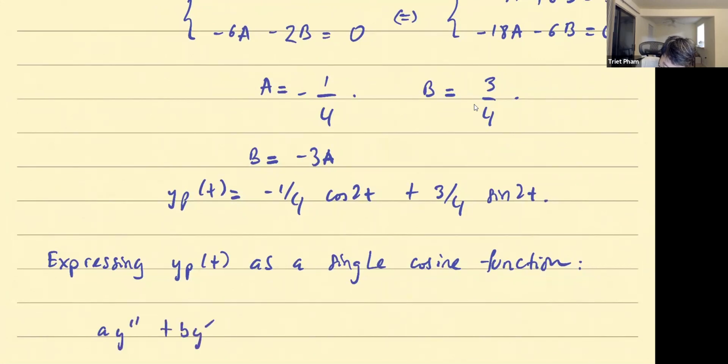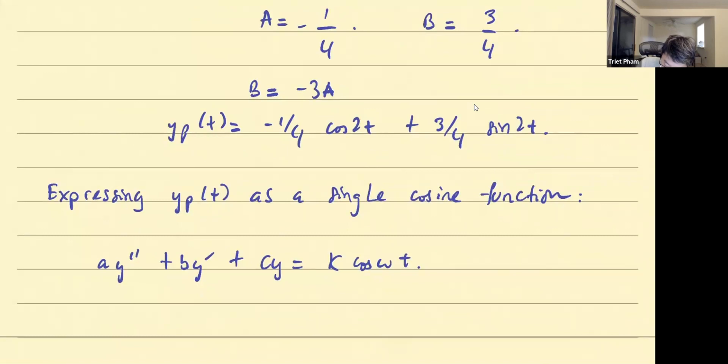So when you look at, let's say, a generic system, let's say a constant K cosine omega t. Then you know that the yp will be K1 cosine omega t plus K2 sine omega t.